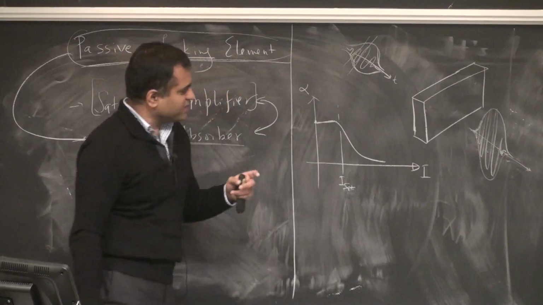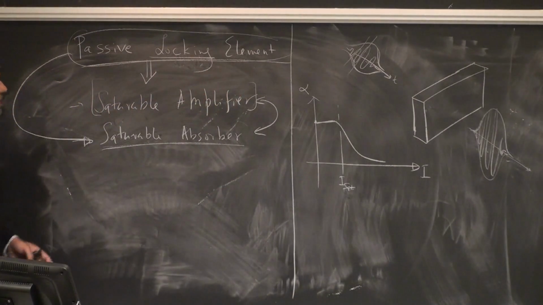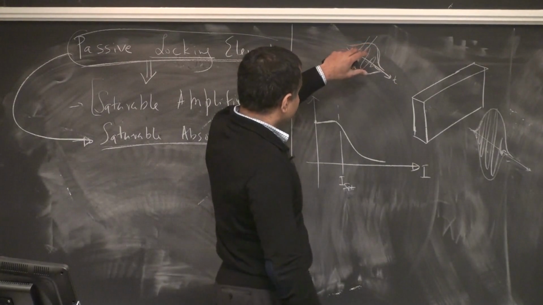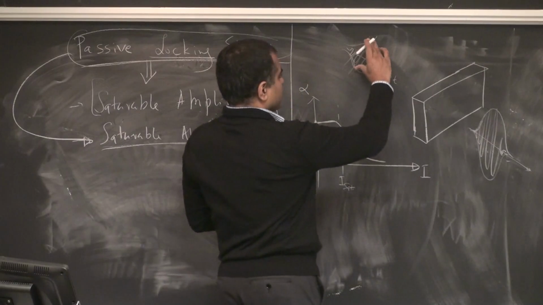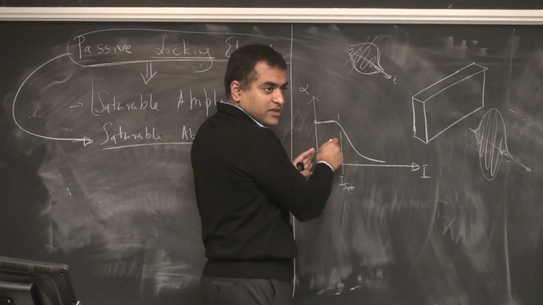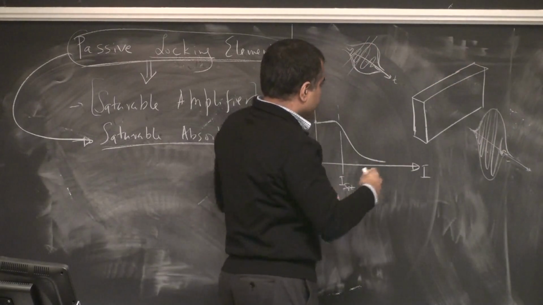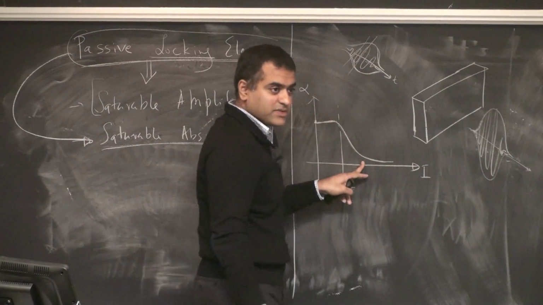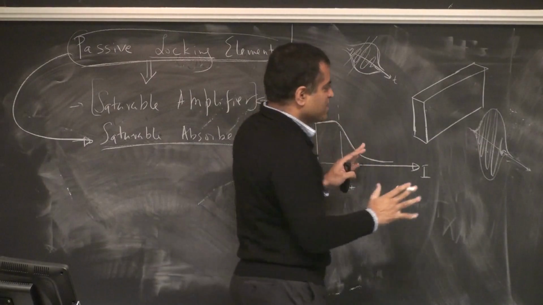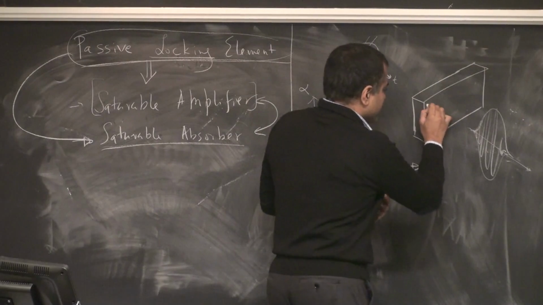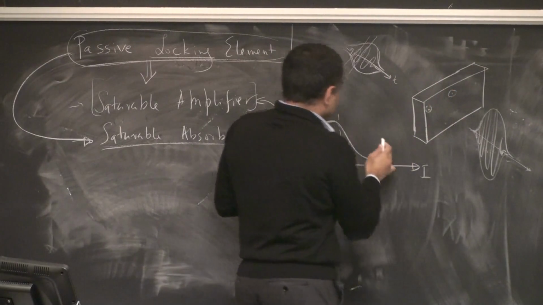So you can see it's kind of a window through which the light is going to go. Initially, for less intensity, if the intensity of light, which is the amplitude of this, is small, it really gets absorbed. Right? But if the intensity becomes very large, the window becomes transparent. So it saturates all the possible absorbers in there. Every atom that can absorb that photon has done the job by then.